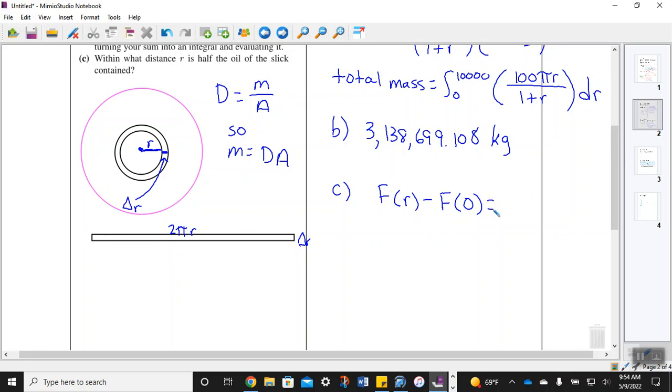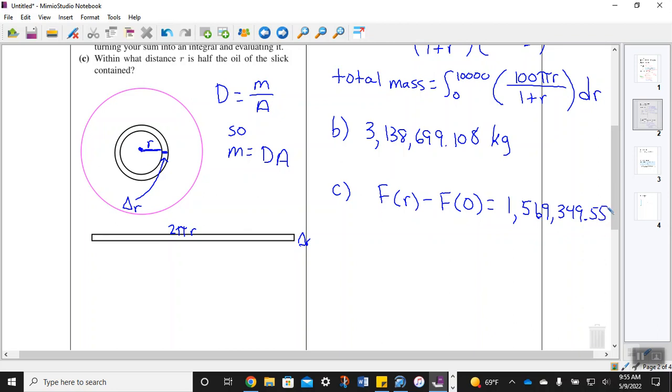So I need to know half of the total amount spilled. Somebody cut that number in half for me up there. And you guys get 1,500,000 and some thousand, right? 1,569,349.55. Okay, so here's the situation, kids.